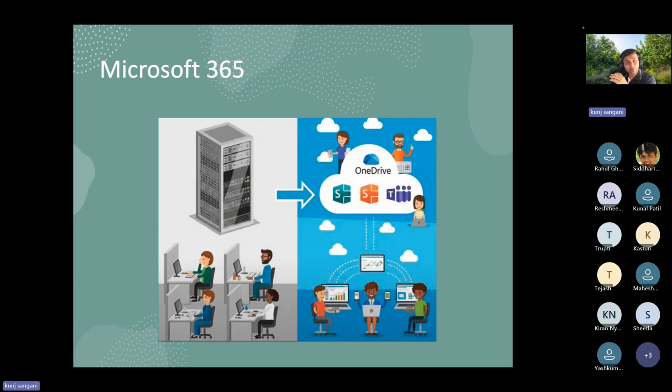Okay. And now with the cloud, we can use everything in any of our device. You can be somewhere in the remote places where you have internet. You can access your document. You can use your Teams. You can use your email. So with this, work from anywhere is possible only because of this. If this would not have been possible, then those traditional things would still have been going on.